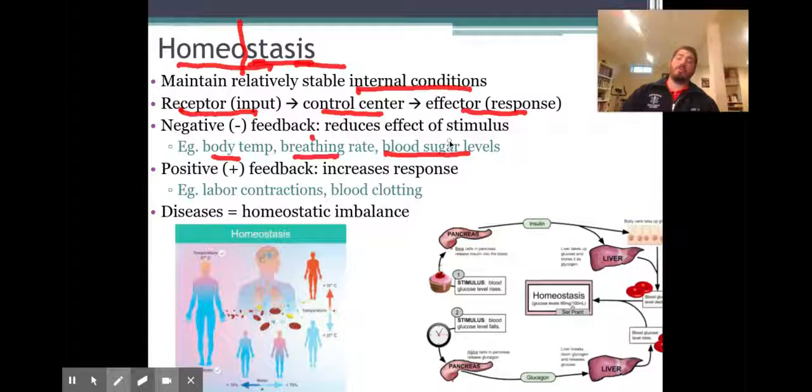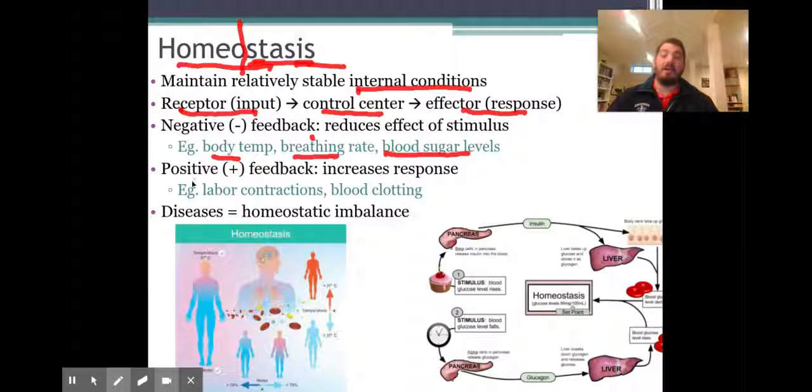Your blood sugar level is through the roof. Your body senses that and it says, oh man, I need to get some sugar out of my system because it is way too high right now. It needs to go get stored in our cells. Your body's going to release a hormone called insulin, which lets it in, right? Think about it. Your sugar went really, really high, and now your body's bringing it back down until you get to a normal rate. That's negative feedback, okay?